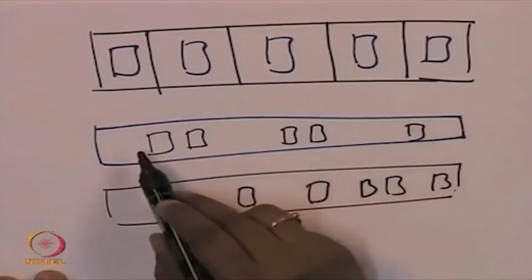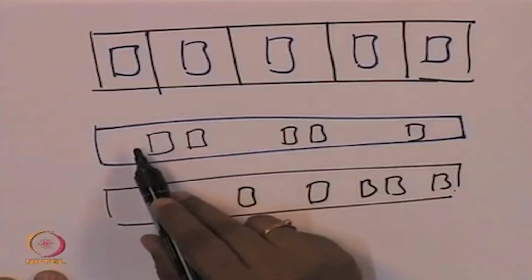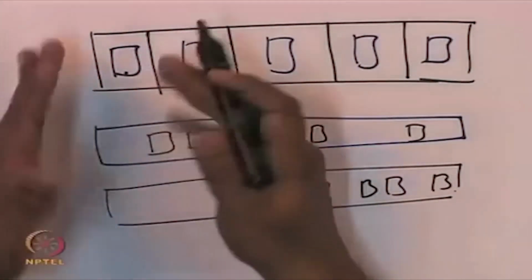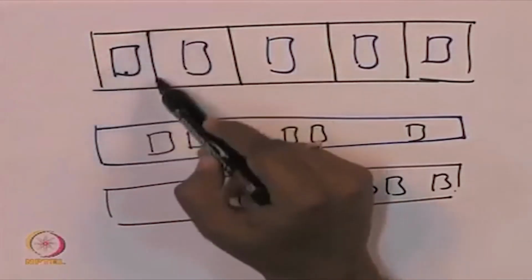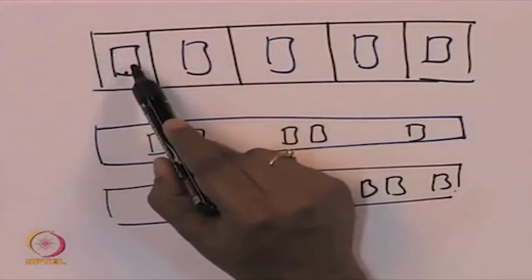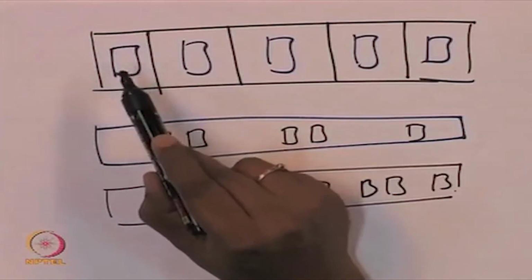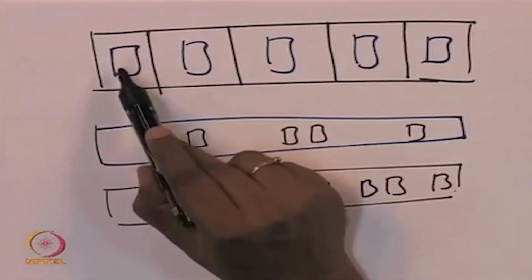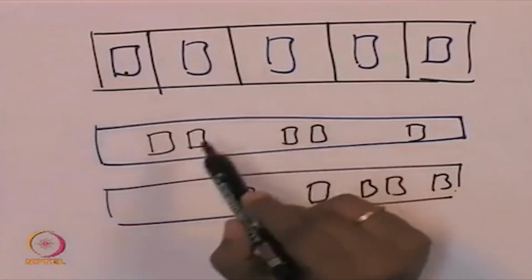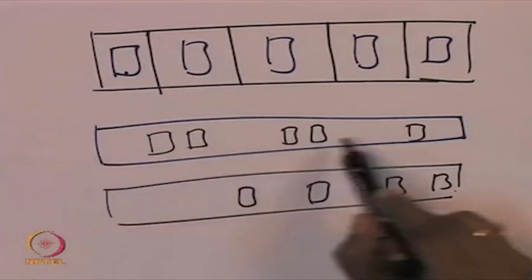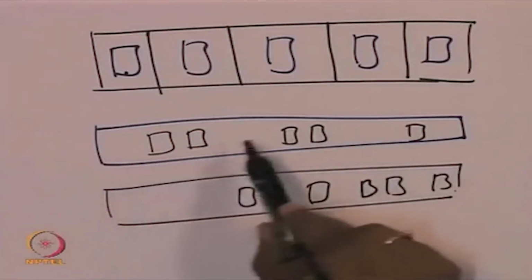Each car here can have only one position because it is restricted by these lines. You shouldn't park beyond these lines, only within the line you can park. So, there is only one position for this car inside this box. But here there is no particular restriction. You can take any position you want, and people start parking anywhere.